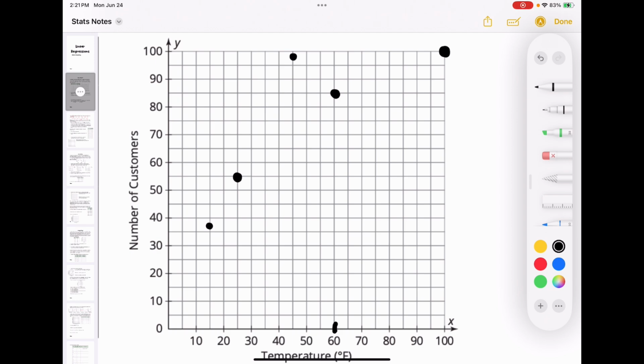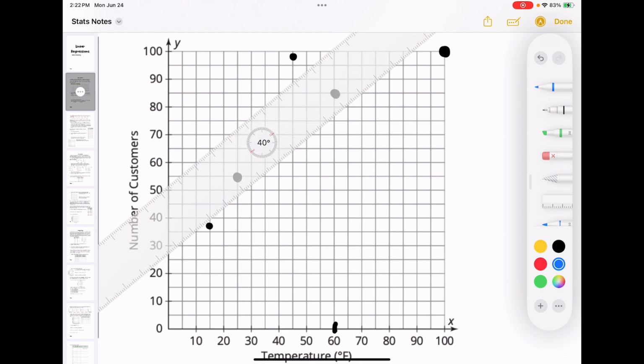All right, number 2, after you plotted all the points, draw a line on the graph that best represents the data. So we want to draw a linear line that best represents this collection of data. So I'm going to take my ruler, and I want to try and do my best to hit every point or be close to every point.